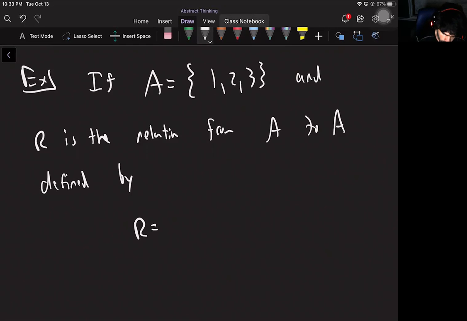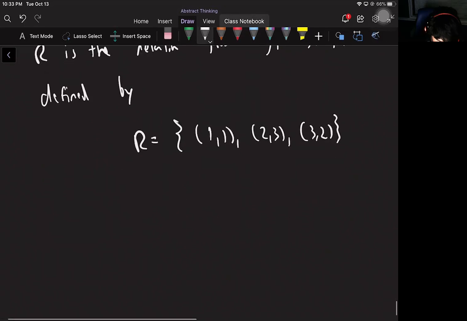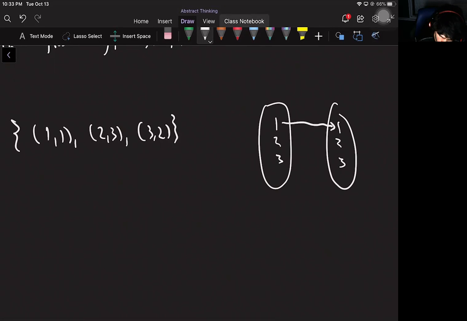I'm going to make up my own ordered pairs. I'm going to say 1 is related to 1, 2 is related to 3, 3 is related to 2. That's my whole relation, just those 3 ordered pairs. And of course, you could try to draw a picture again if you want: 1, 2, 3, 1, 2, 3.